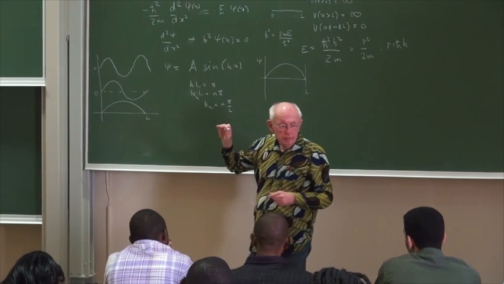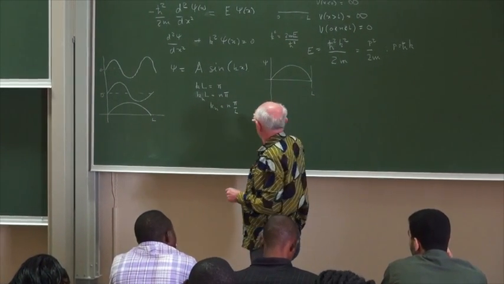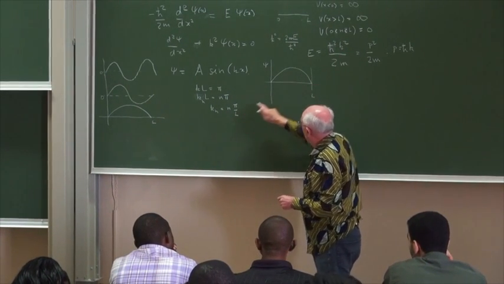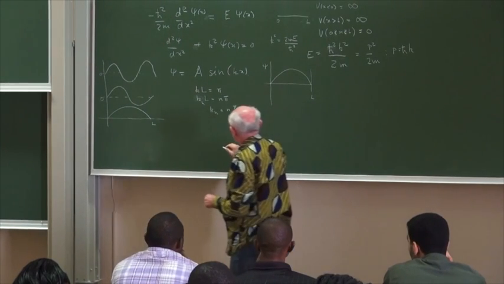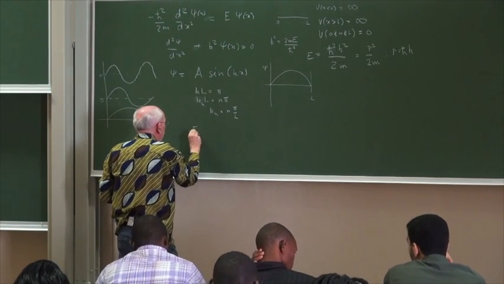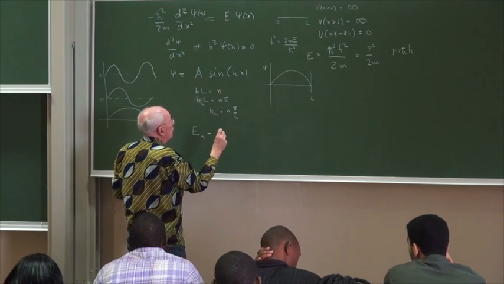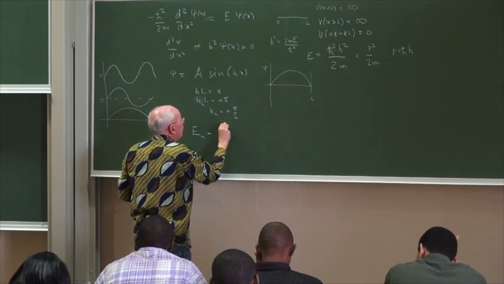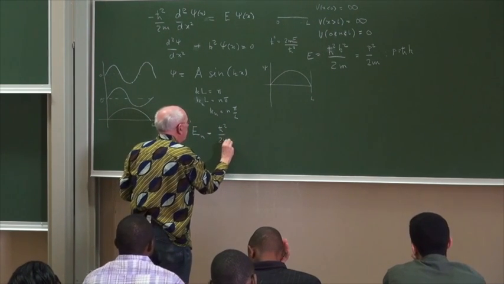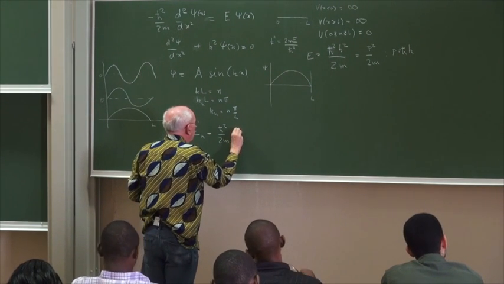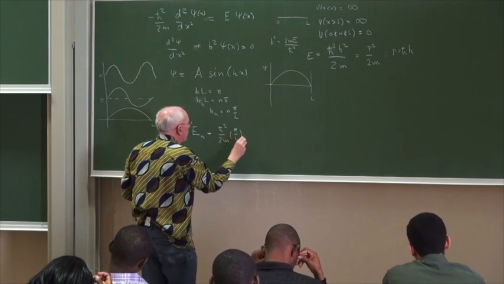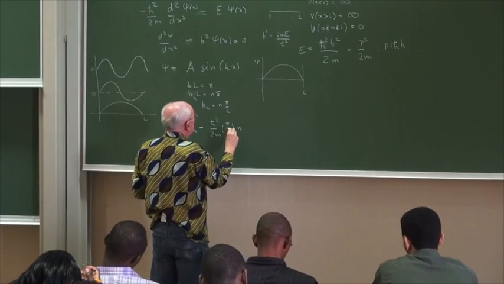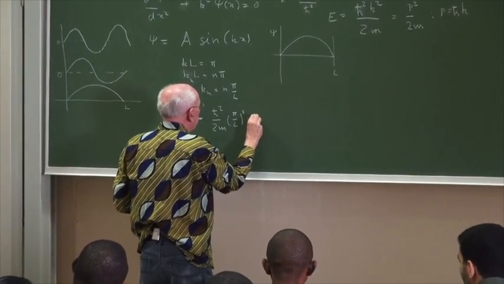These states have different energy, of course, because if I put that in here, I must put in Kn, so I will get an energy spectrum E of n, which is times this squared, and this is also squared.